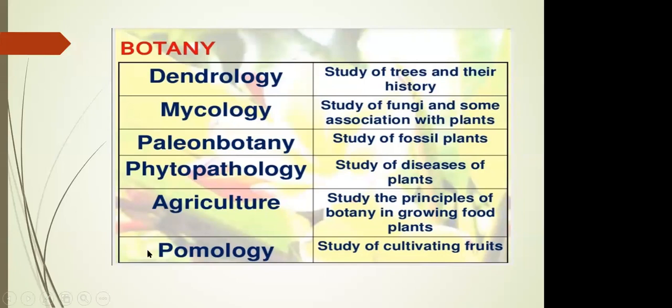Dendrology, the study of trees and their history. Mycology, the study of fungi and their association with plants. Third, palynobotany, the study of fossil plants. And fourth, phytopathology, the study of diseases of plants.